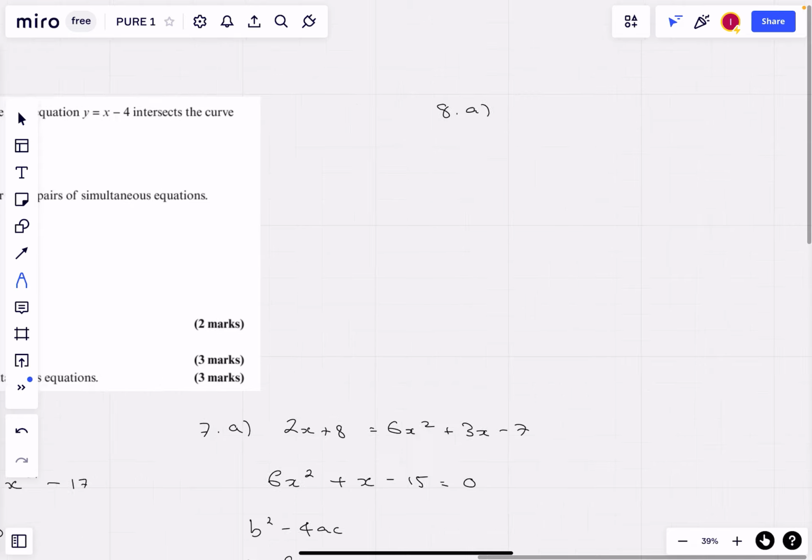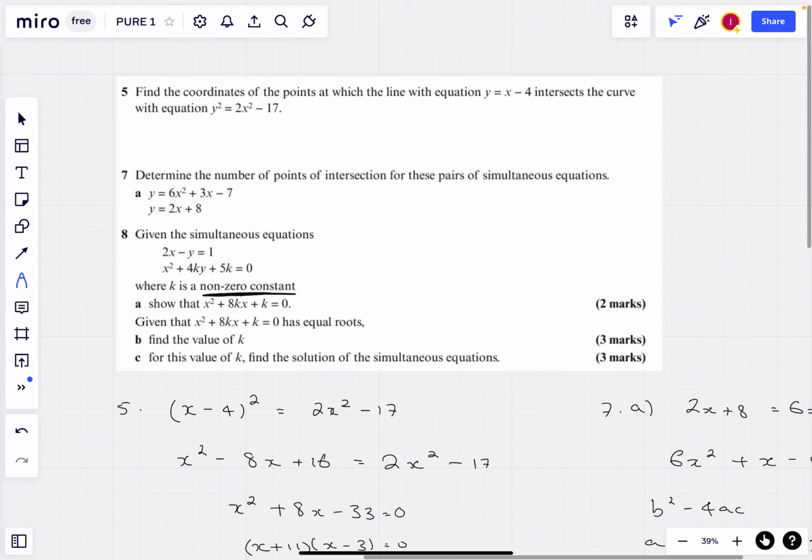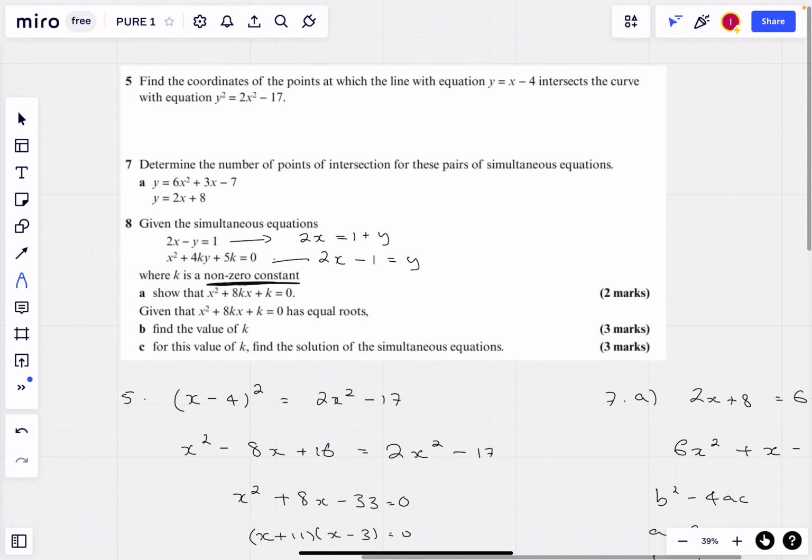So I can rearrange my equation 1 so that it's equal to y, and then that way, I have something that I can easily substitute in. So I can rearrange this as 2x equals 1 minus y. Sorry, 1 plus y, so 2x minus 1 equals y. That's what I'm going to substitute into this.